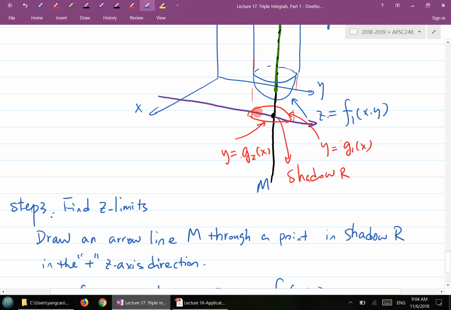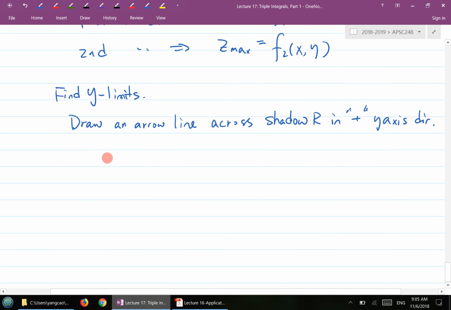So once you draw this, you look for first contact and second contact. My drawing is not very precise, so let's say my first contact is this boundary g1 of x. Second contact is g2 of x here. So you get your y min.